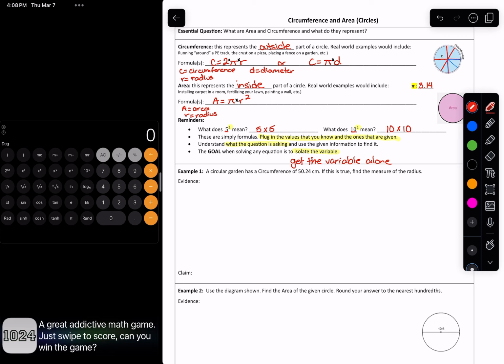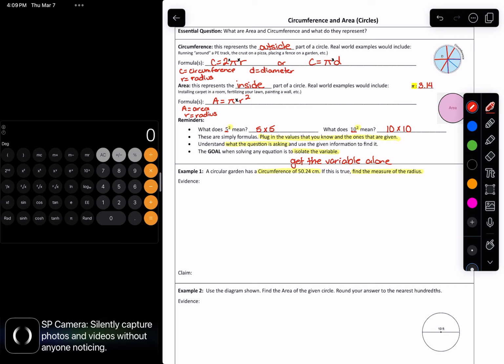We can move on to the example. So example number 1 says a circular garden has a circumference of 50.24 centimeters. If this is true, find the measure of the radius.